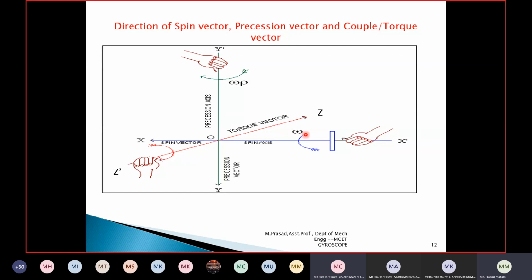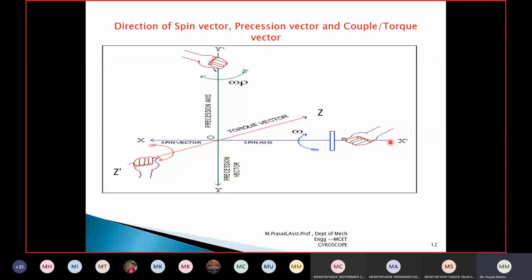Whenever you have clockwise motion, it is moving forward. Here, my forward motion is in this direction, this is the direction of the vector. So from this end, when the disk is rotating in clockwise motion, it tries to move forward. Suppose the disk is rotating in anti-clockwise direction, where do I have to keep the direction of the spin vector?